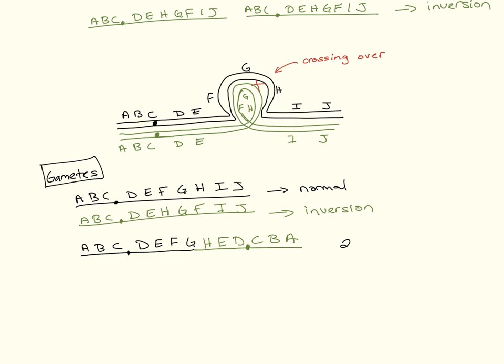Now we have two centromeres, which that alone will mess up the rest of meiosis. We also have a duplication of several segments, and we have deletion of other segments. So this gamete is going to end up being not viable.